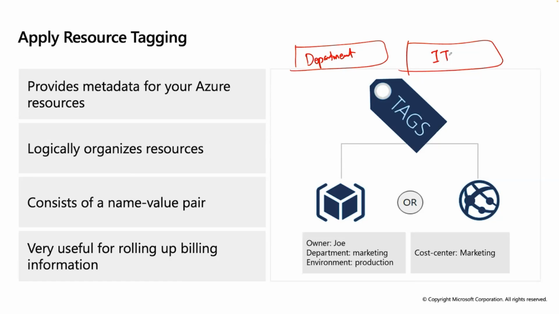So that's how you can do it. There's an example: you can set owner or you can set environment, and these are free text key value pairs. It's not predefined that it has to have owner like that, but you can define your own key value pair.